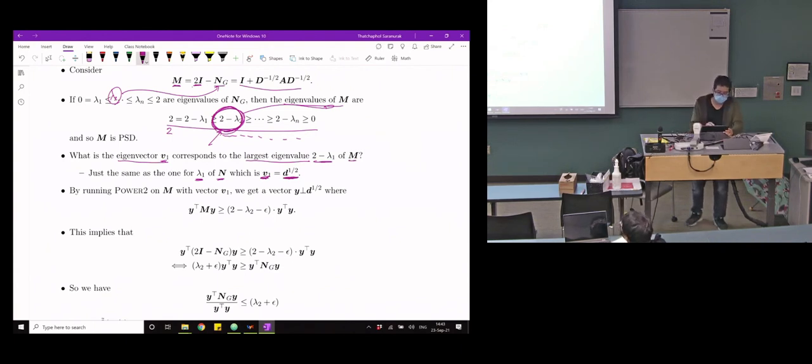So you can just run the power method algorithm, start with some random x, make it orthogonal to V1, and apply the algorithm. And then you get the vector y such that it's orthogonal to V1.